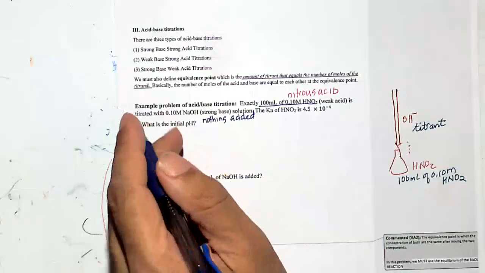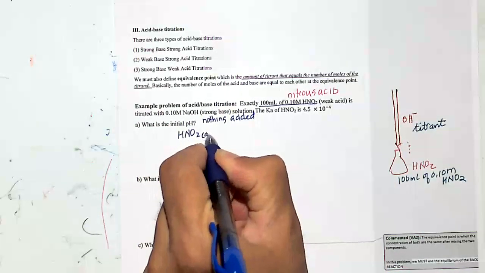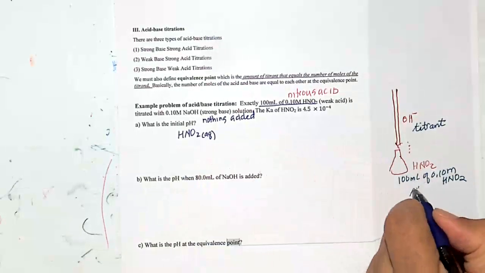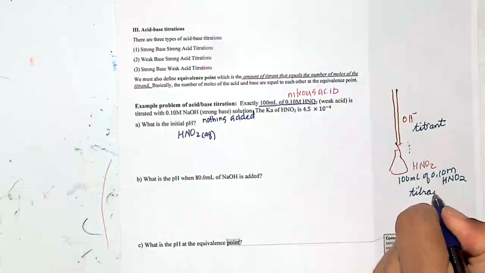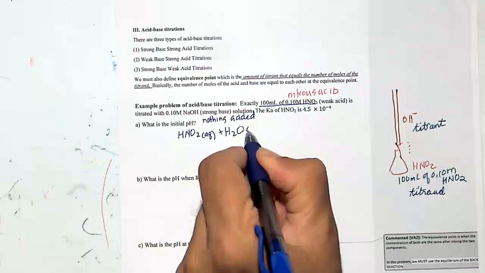So how will we do this problem? It's the same as what we've done so many times already. But this HNO2 that's sitting here is the titrand. It will react with water.